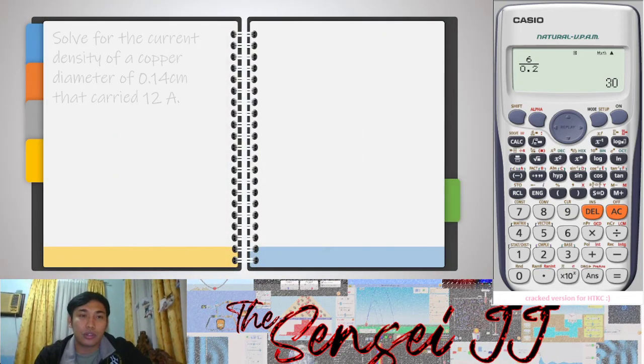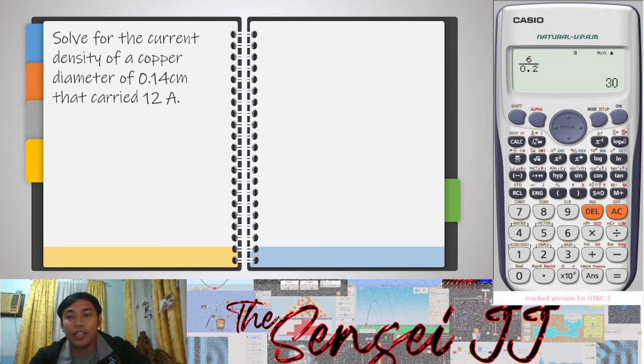Okay, so let's try to solve for the current density of a copper wire with a diameter of 0.14 centimeters that carried 12 amperes.